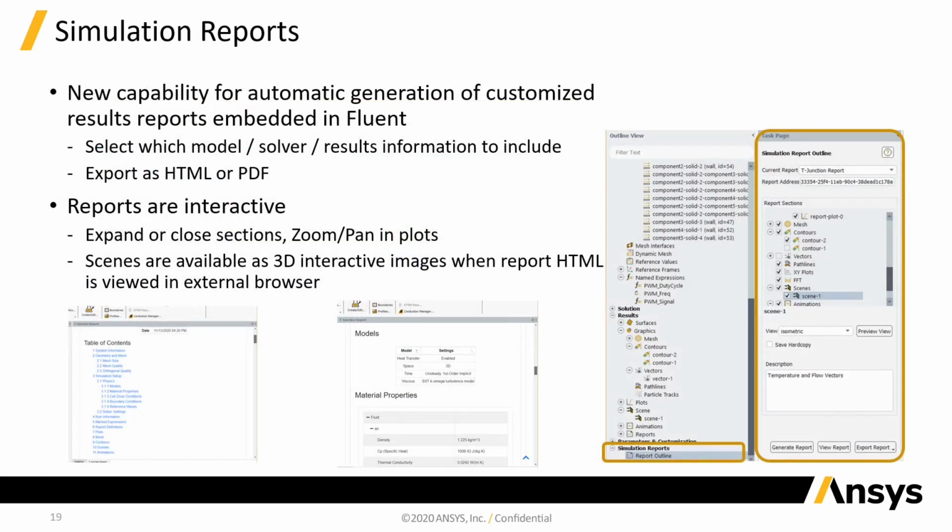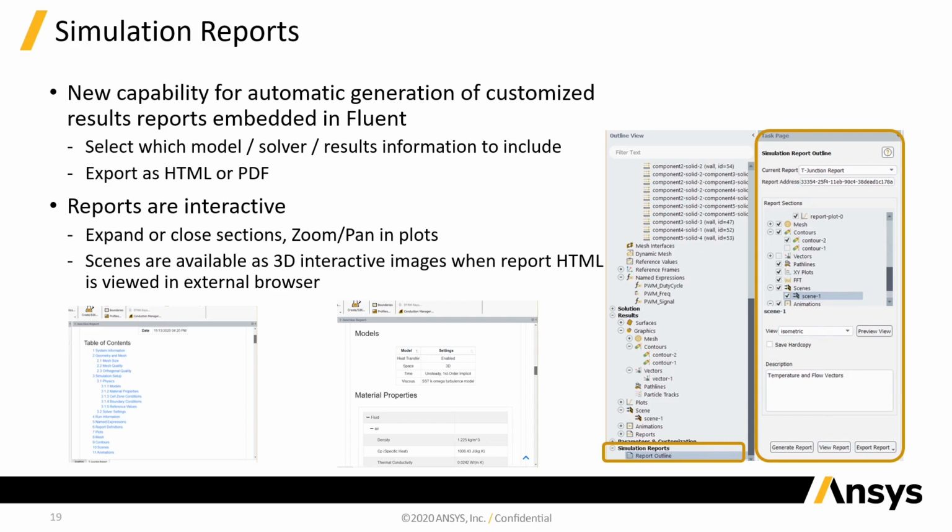This is a really good addition for those of you who want to record lots of data and maybe do comparisons. Then you can create a simulation report. So this is really a combination of what was in Nsight and ideas from the post-reporting functionality. So when you create a report, you can choose what goes into it.